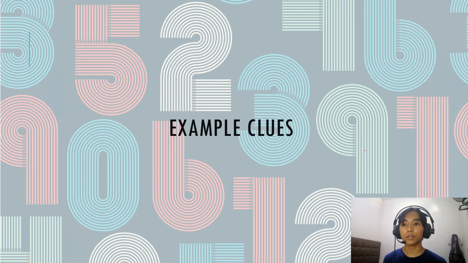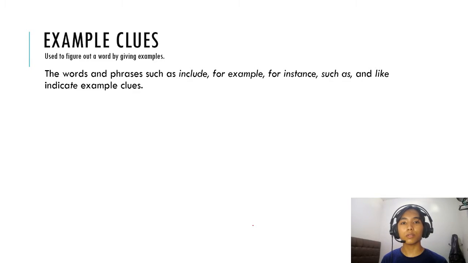Example clues. What are example clues? Example clues are used to figure out a word by giving examples. Of course, the writer uses a special word too for giving the examples.